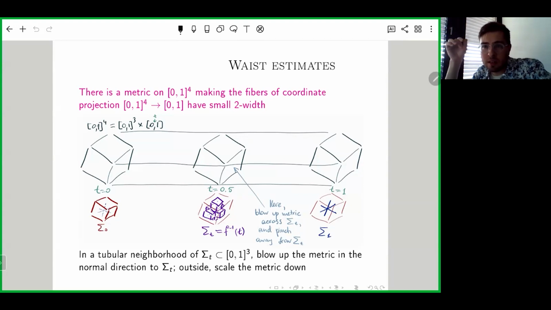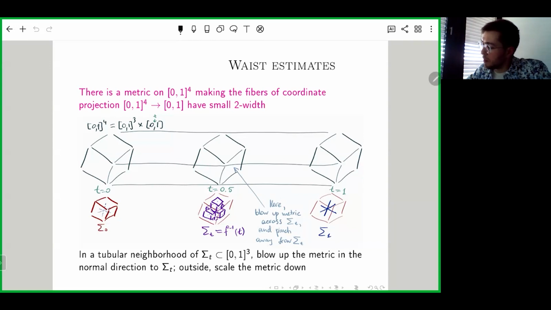But outside of that original small neighborhood, which is no longer small after this change, I scale down the metric so it becomes negligible. If I do this everywhere in a consistent way, it happens that this gives an example. This gives this most counterintuitive counterexample, which is stated in pink.